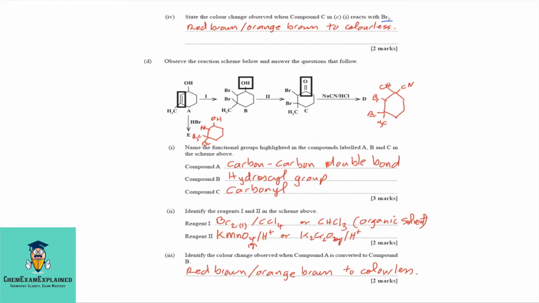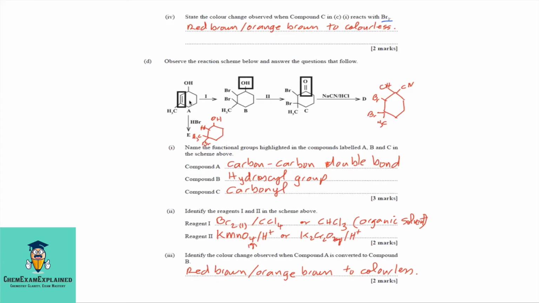Part D. Observe the reaction scheme below and answer the questions that follow. Now, if you look at compound D, you'll notice that they have a carbon-carbon double bond here. So they show you that this group right here is an alkene group. You have a hydroxyl group here, and you have a carbonyl group here.